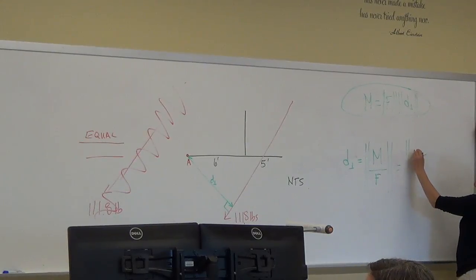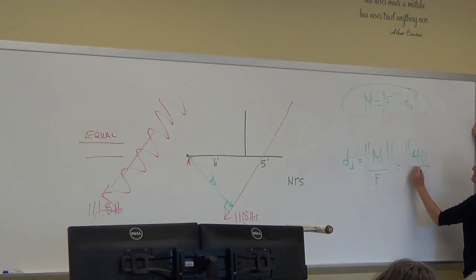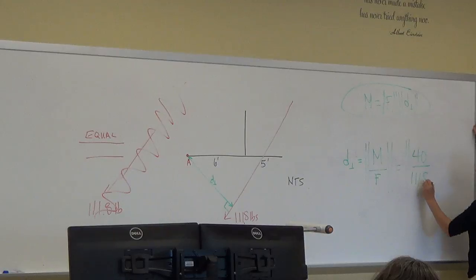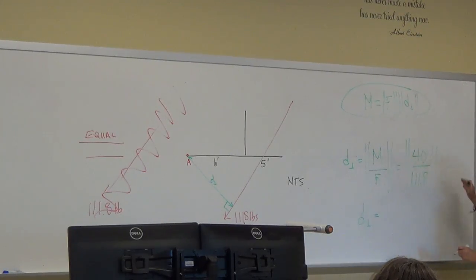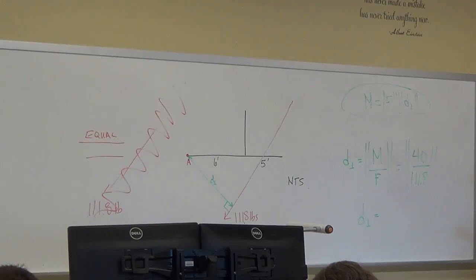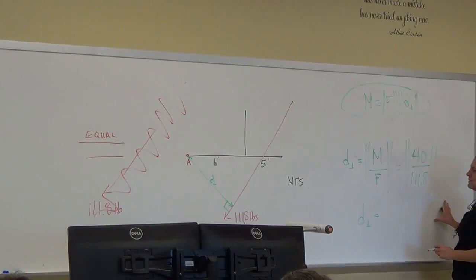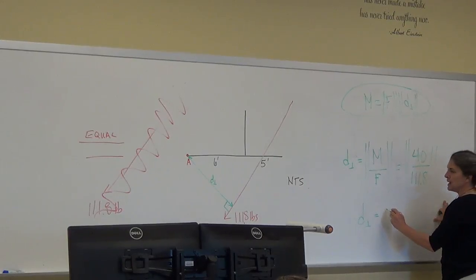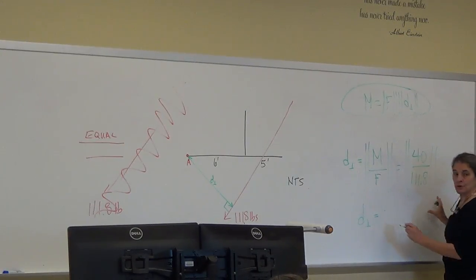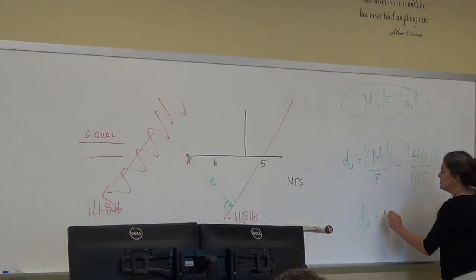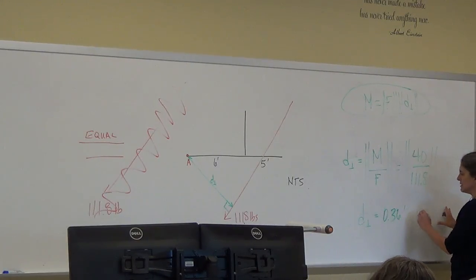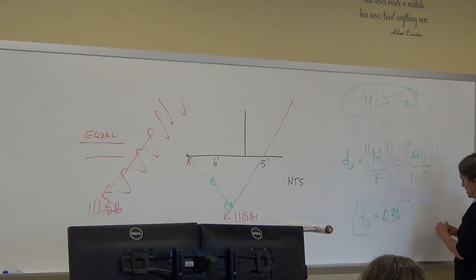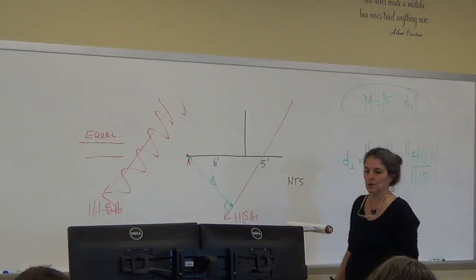So what was the moment? 40. And what's the force? 111.8. And what's the perpendicular distance? Do the math. This is a small moment. 0.357, so let's just say 0.36 feet. So actually, it's pretty close, isn't it?